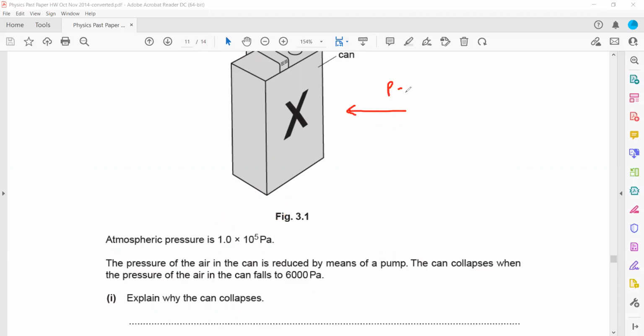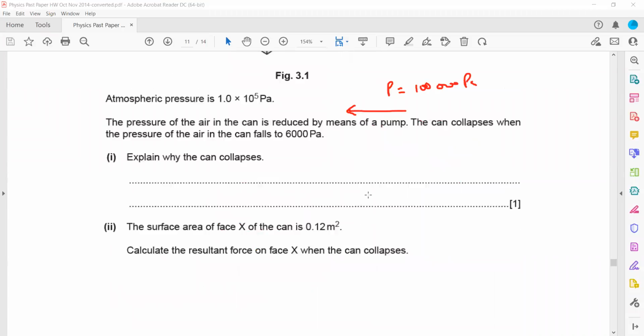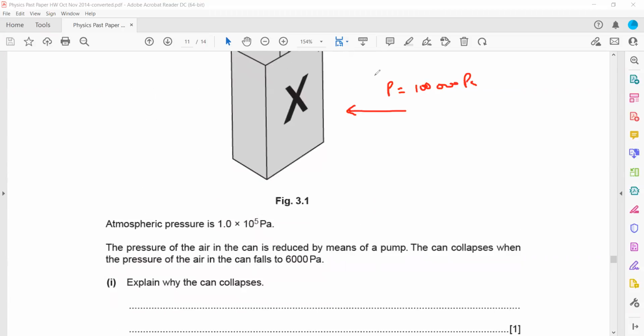What will be the force from outside? The pressure from outside is 100,000 Pascal, and the area of surface X of this can is 0.12. So what is the force from outside? The force is pressure multiplied by area. So 100,000 multiplied by 0.12 will give us 12,000 Newton.